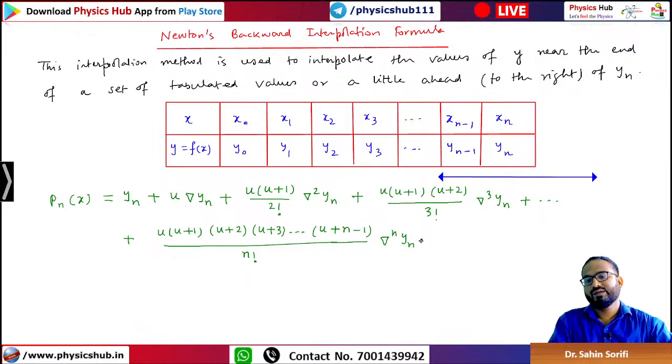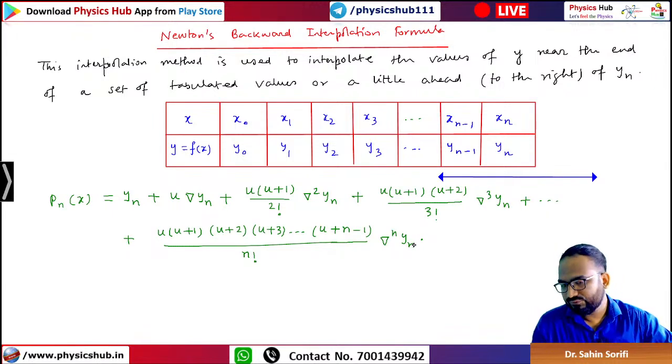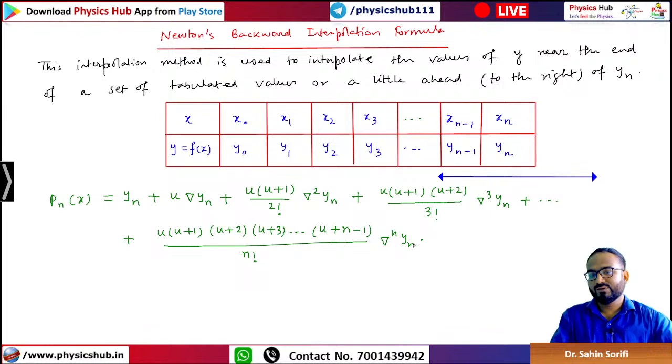Whenever you are learning, if you carefully observe the formula and try to understand the pattern, it becomes easy to remember. Otherwise you will forget and mess up. Keep in mind that every time plus is being used, and whatever the factorial value, 1 unit less is used here. Previously there was a minus, so it became u minus n plus 1, but here it is plus only, so u plus n minus 1.